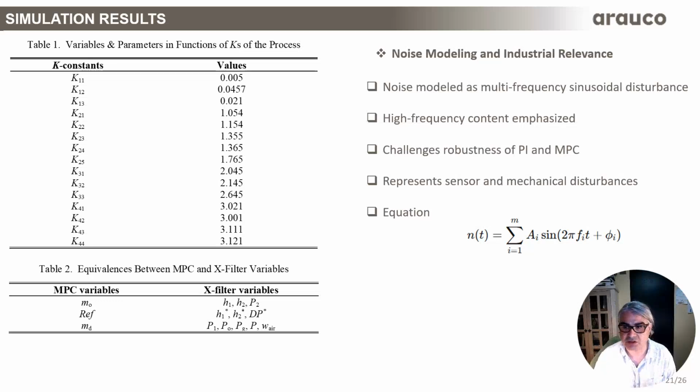The high frequency disturbances are mathematically represented as a superposition of sinusoidal components, as you can see here, with different amplitudes, frequencies, and phases. This formulation allows the simulation of broadband industrial noise with strong high frequency content. These disturbances were intentionally designed to challenge both PI and MPC controllers and to evaluate their ability to suppress oscillatory behavior under realistic industrial operating conditions.